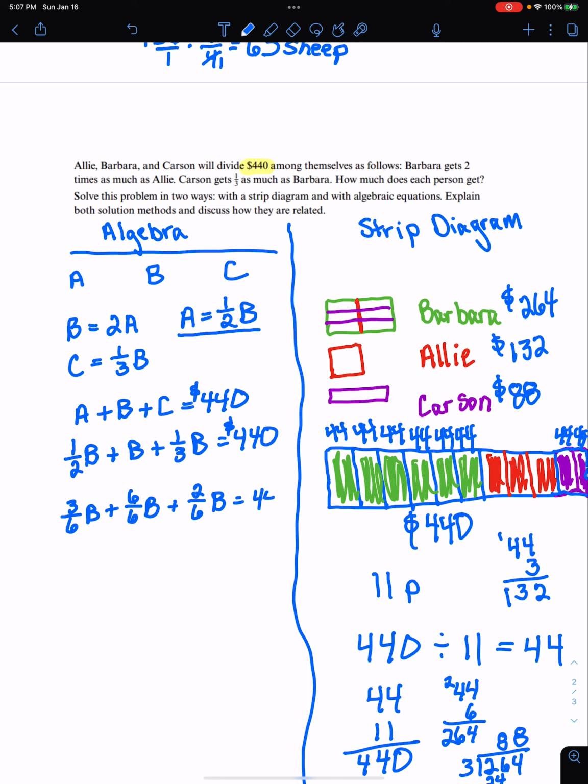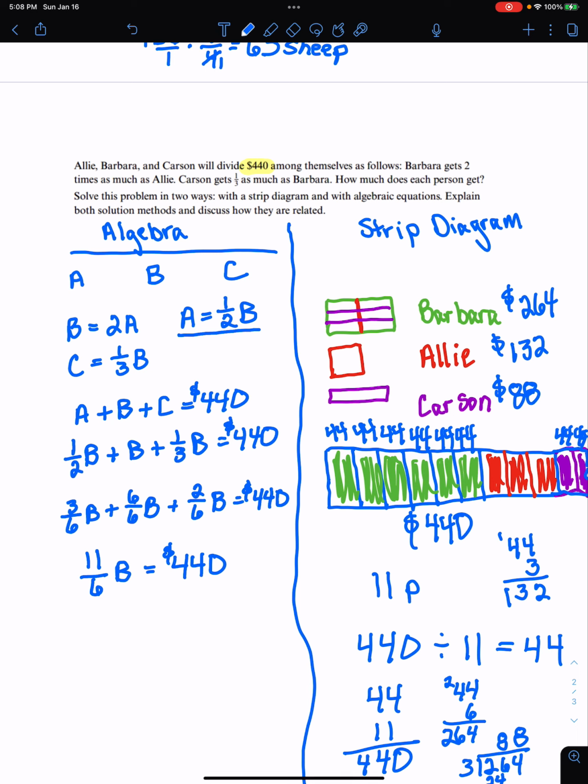If you have trouble converting fractions, you may want to do some review about equivalent fractions and finding common denominators. But basically what I'm going to do here is add 3/6 plus 6/6 plus 2/6, and I get 11 sixths times B equals 440.